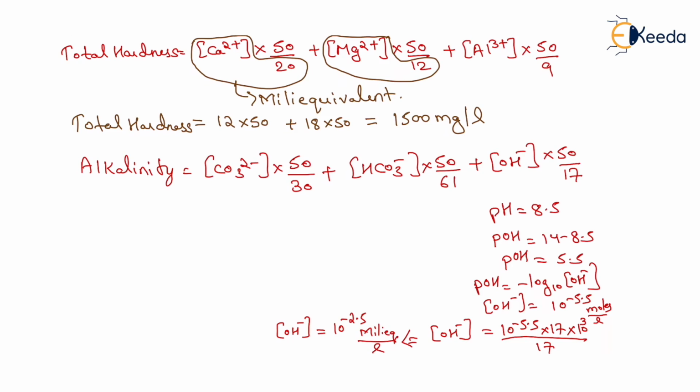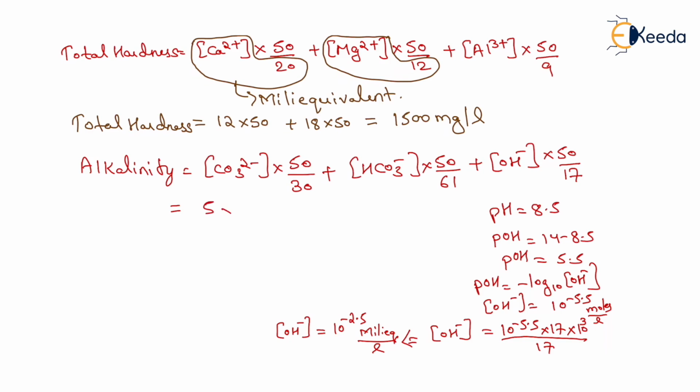Now we put the values of carbonate, bicarbonate and OH negative, and we can determine the alkalinity. Carbonate here is given as 5 milli equivalent per liter, so we multiply 5 into 50. We don't need to divide it by 30 because it is already in milli equivalent.